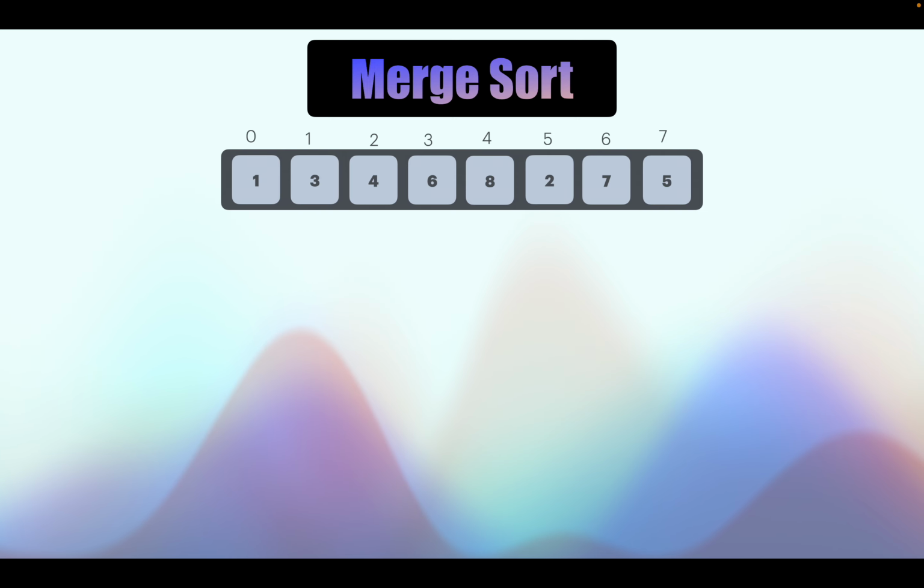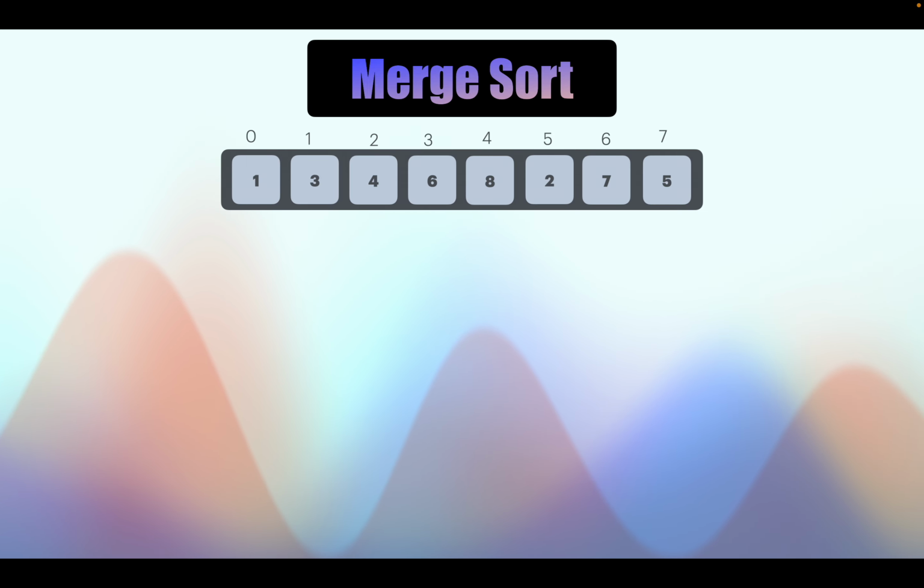Merge sort is a programming technique that uses divide and conquer, which means we first divide the problem into sub pieces, solve each of the pieces individually, and then combine those pieces back to get our original problem solved. So in this method we'll be doing the same.